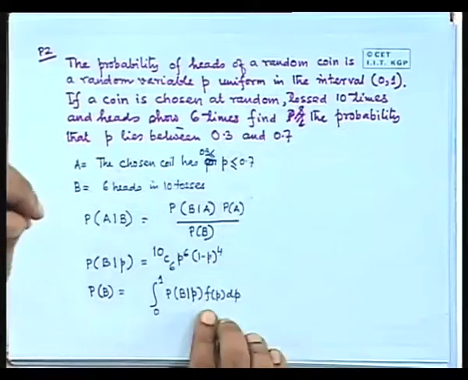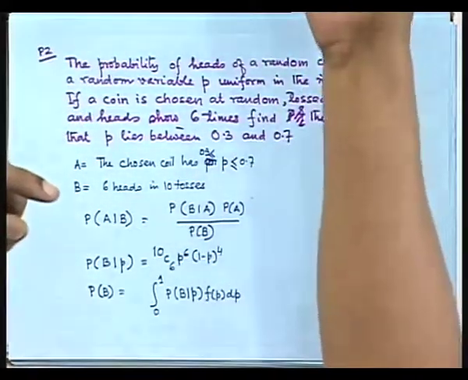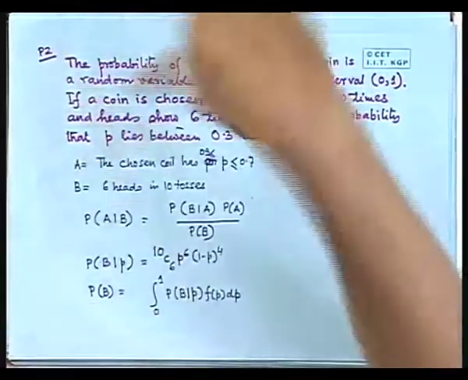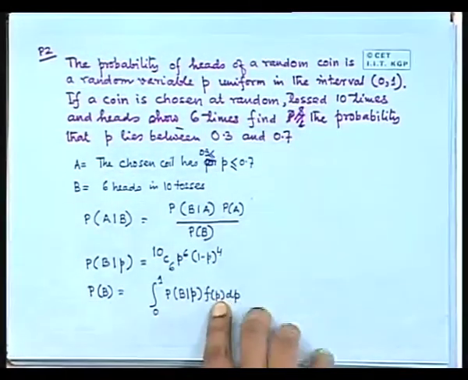So obviously, when you pick them up 1000 times, the frequency of a given P coming up will be given by this f(p) dp naturally. So that's why you have to integrate. Are you getting the idea? So this is probability of B.